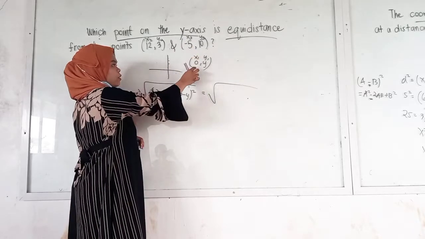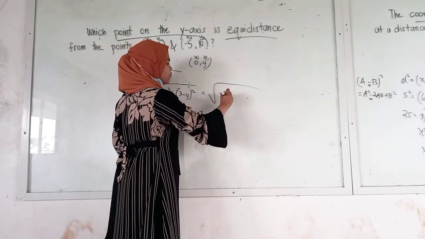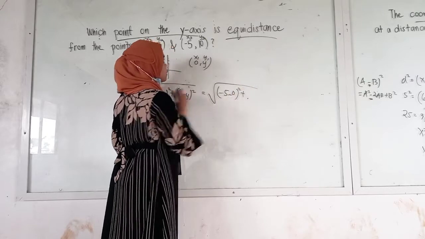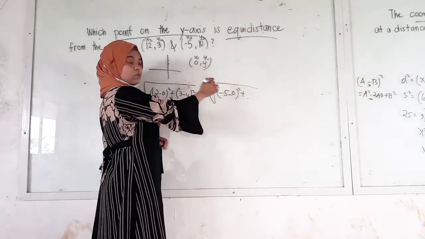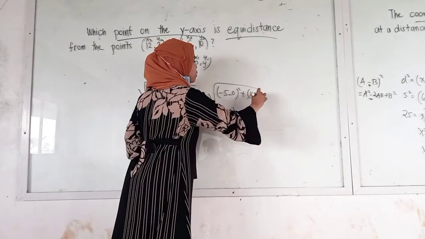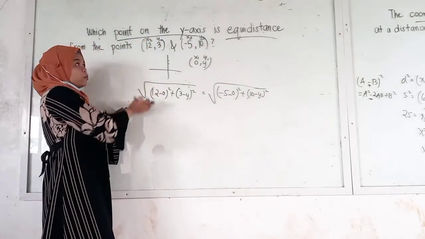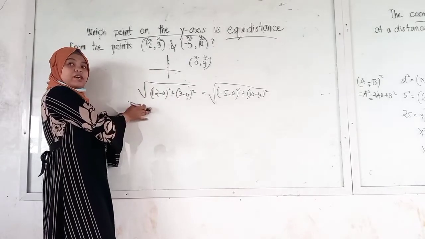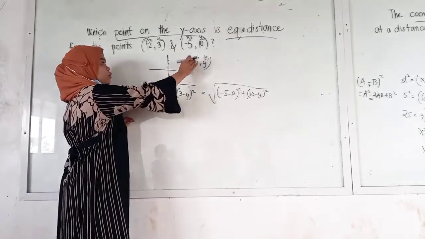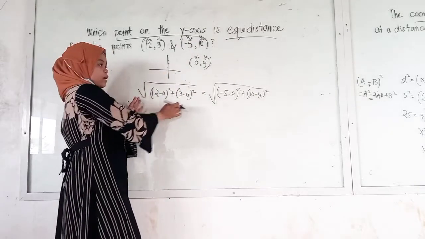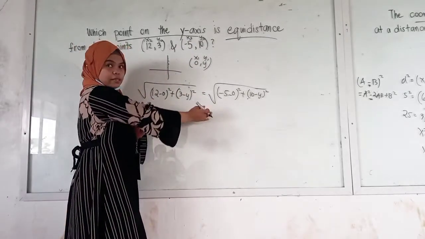X sub 3 minus x sub 1, that is negative 5 minus 0, quantity squared plus 10 minus y quantity squared. So again, bakit natin sila i-equate? Kasi nga po, by the problem, same daw yung distance dito papunta dito at saka itong point na to papunta kay 0, y. That's why I equate the two distances.